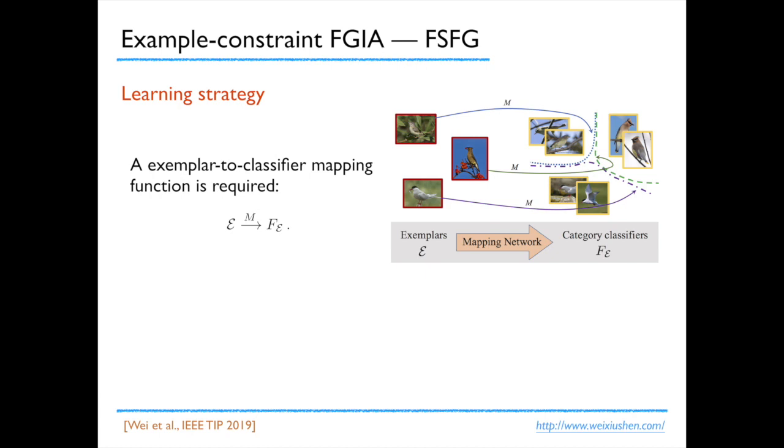In our method, we wish to learn a mapping M that maps these exemplars into the corresponding category classifiers. The mapping parameters can be learned so that this category classifier can correctly distinguish the query image. The whole training objective function can be written as follows.